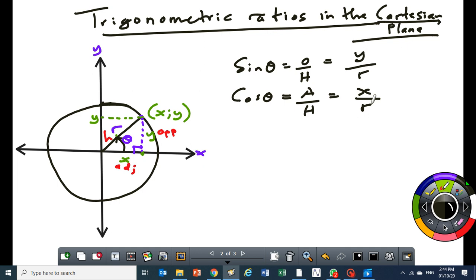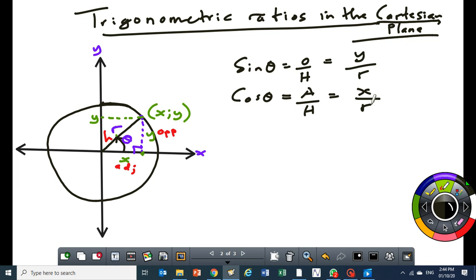When we find the angles, then we use the shift. Yeah, if you find the angle, use the shift. We are applying knowledge of trig ratios on a Cartesian plane. Your trig ratios, sine theta is opposite over hypotenuse, cos theta is adjacent over hypotenuse. This is a right angle triangle.